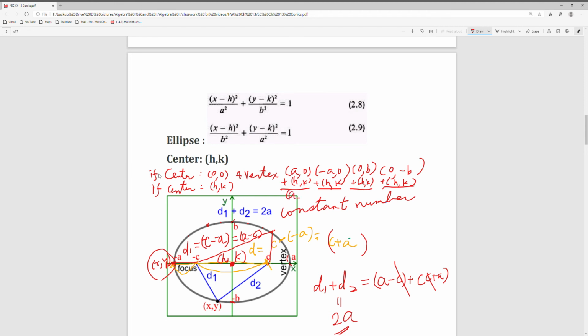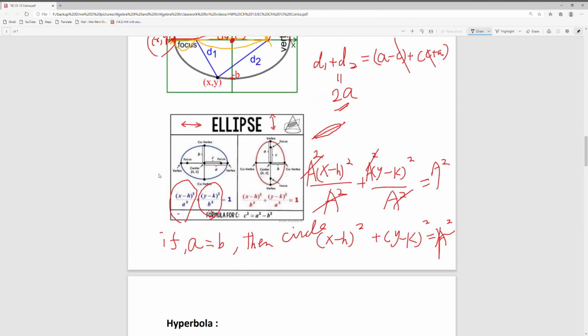So it's a plus h, this will be negative a plus h, this one will be h, b plus k, and this will be h, negative b plus k. So we have this type of work in our homework. You can try.